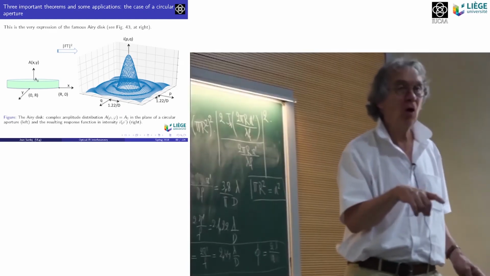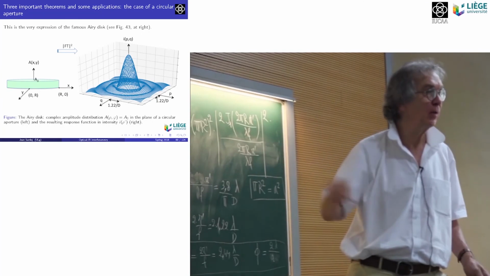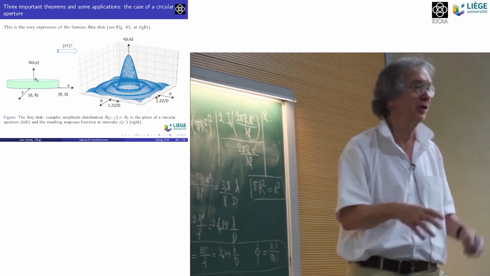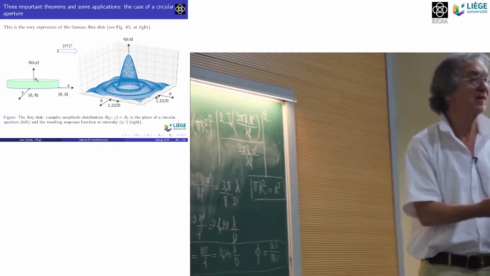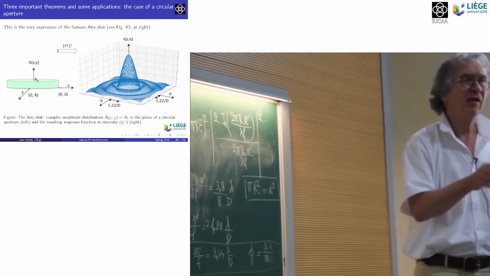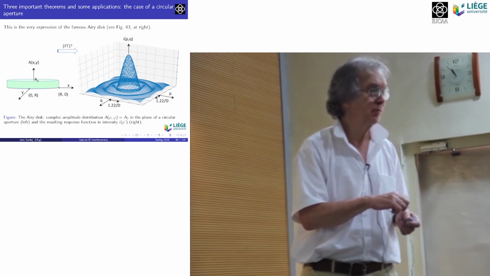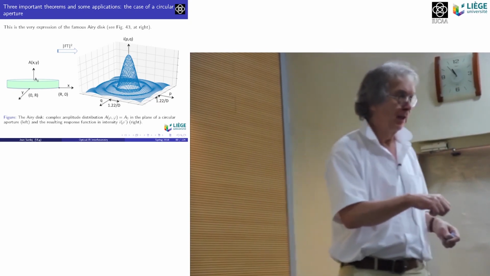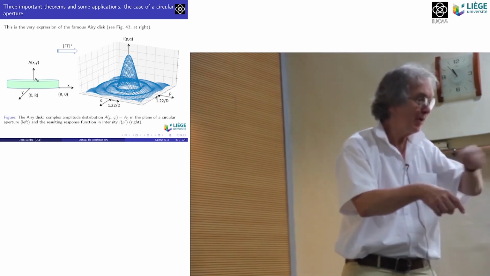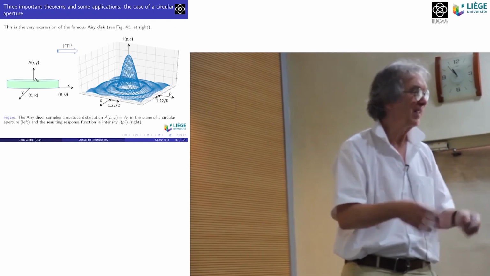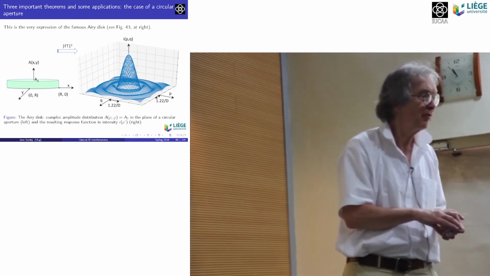Who among you already made that demonstration, roughly with the first order Bessel function, to find the expression of the Airy disk? Because very often, at high school or even in the university, the professor of optics tells you, well, this is the Airy disk, this is the expression. Did you see the demonstration before or not?